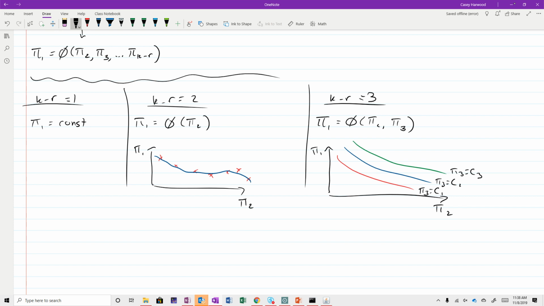And it's no longer economical to try to come up with a general correlation, or some approximation to this function phi.